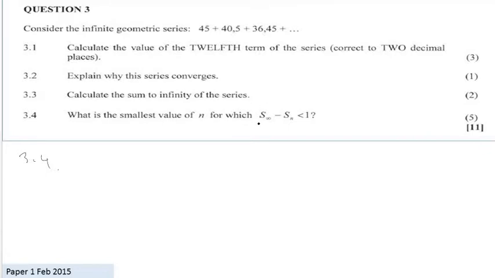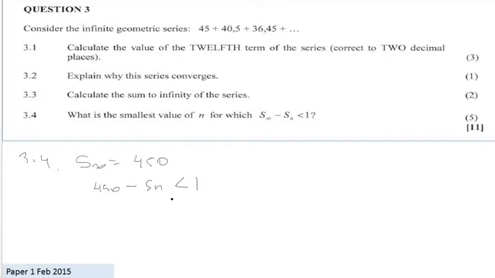We already have the value of S infinity, which is 450. In order to get n, we first need to determine Sn. If we replace S infinity in this relation, we have 450 minus Sn less than 1.